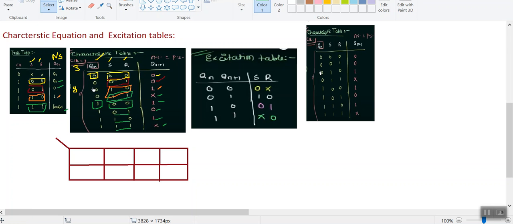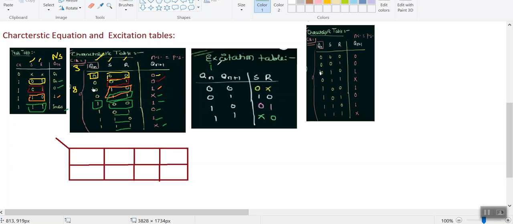You can check that the characteristic table is derived from the truth table, and the excitation table is derived from the characteristic table. Now this excitation table can be represented here. Qn plus 1 is my next state and Qn is my present state. Now I would like to consider these two as my inputs. So Qn and Qn plus 1 are my inputs.